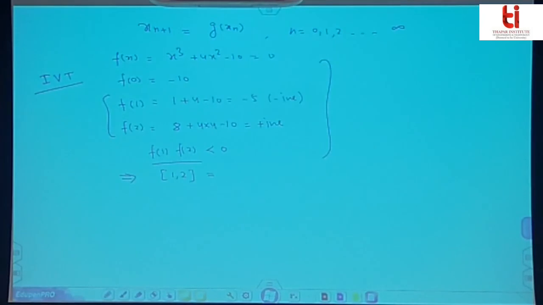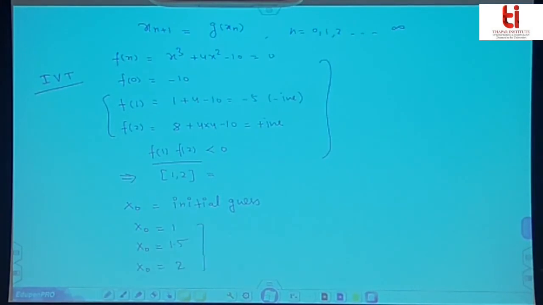Now, I told you how to choose x0 by the intermediate value theorem. You are free to choose x0, that means the initial guess to apply the fixed point iteration method. How to take x0: you can choose 1, you can choose the midpoint of the interval, or you can choose x0 as 2.